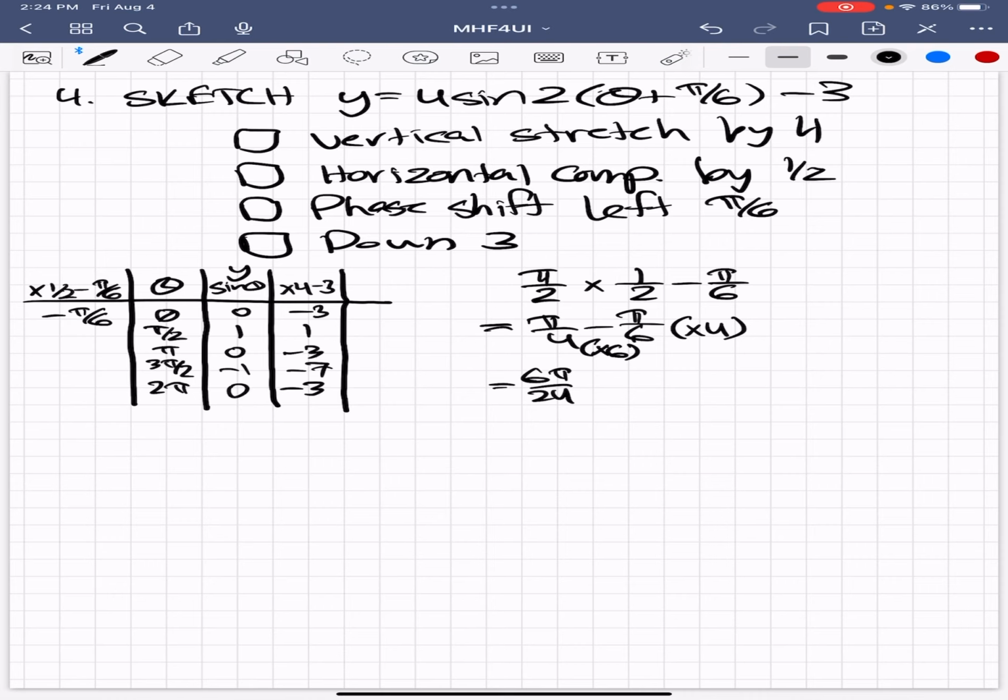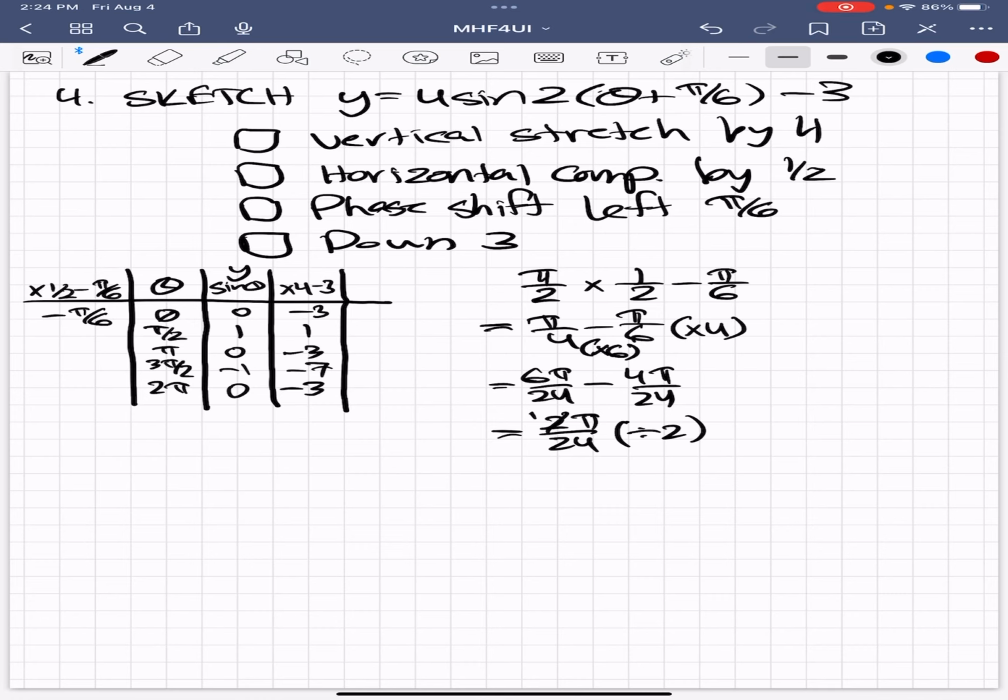I'll delete this work when I'm done, so please write it down. Minus 4 pi over 24. 6 minus 4 equals 2 pi over 24. We're going to divide that by 2. 2 is common with 2.